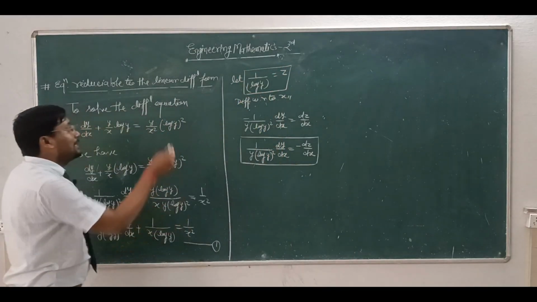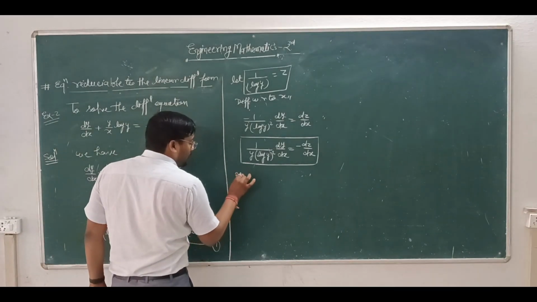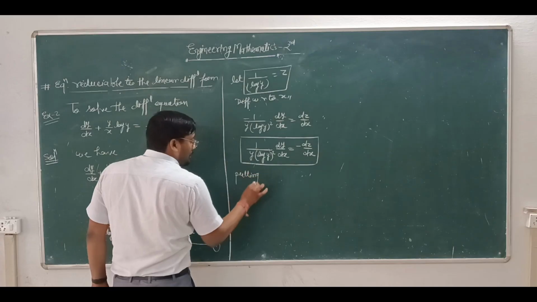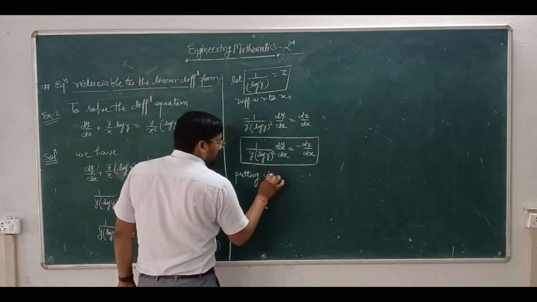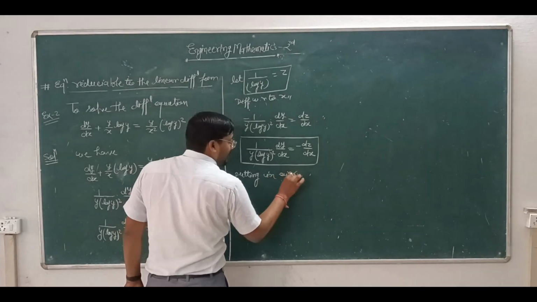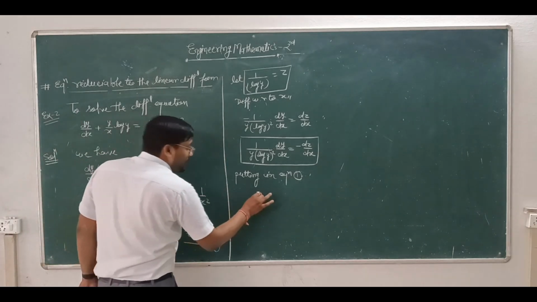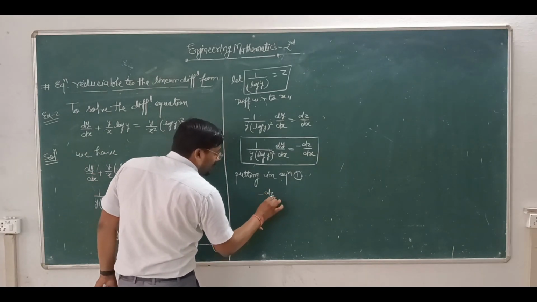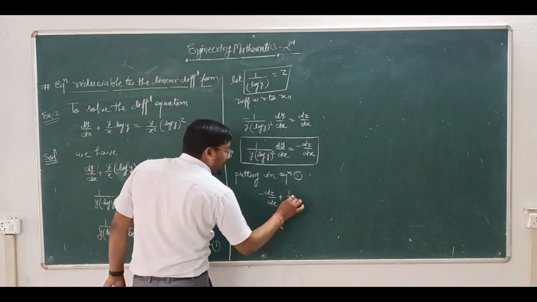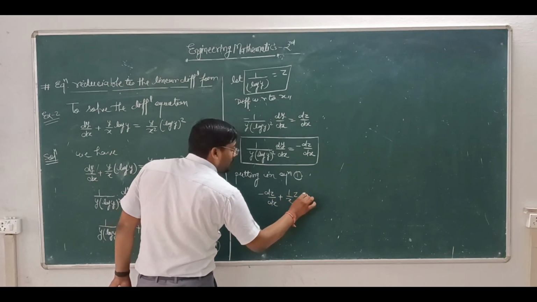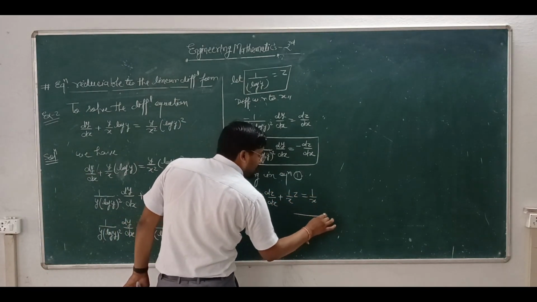Now you can put this value in the differential equation first. Putting these values in equation first, you can write -dz/dx + (1/x) z = 1/x². This is equation number second.